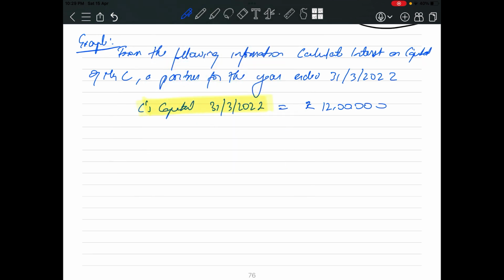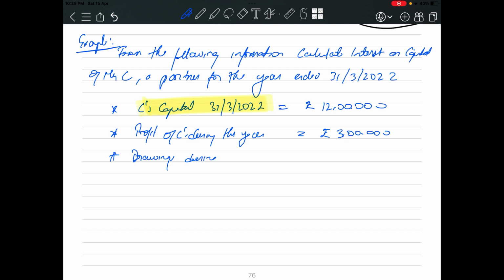Profits of C during the year are rupees 3 lakhs. Drawings during the year are equal to rupees 1 lakh.